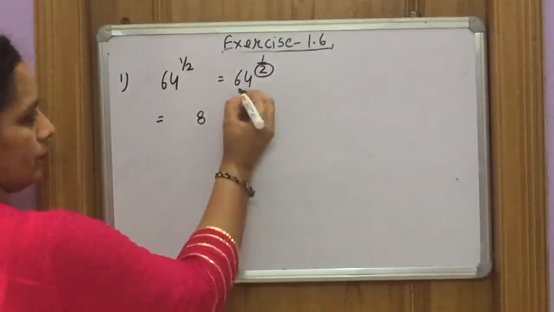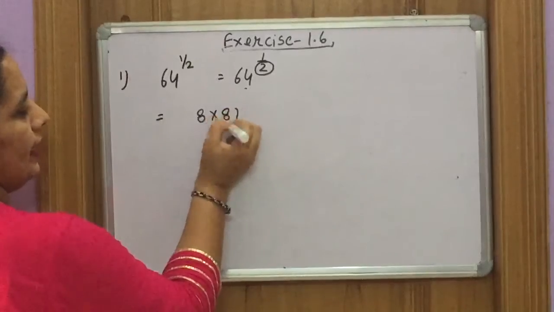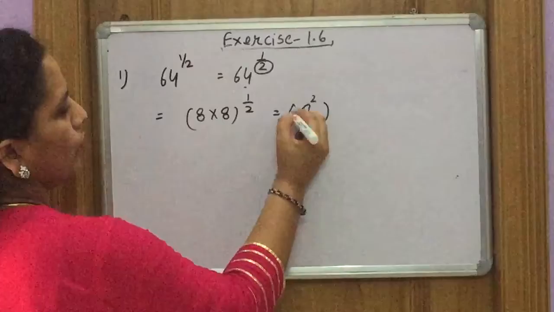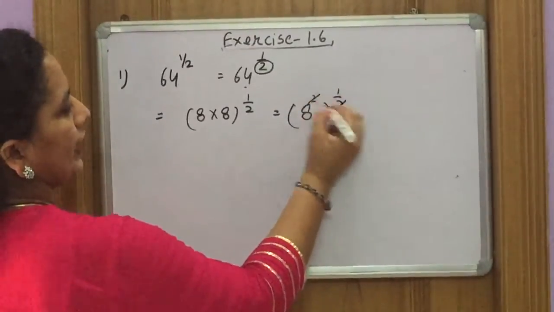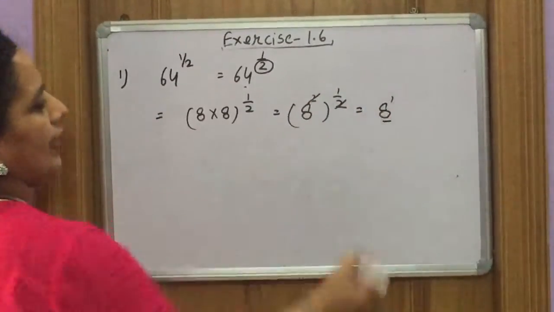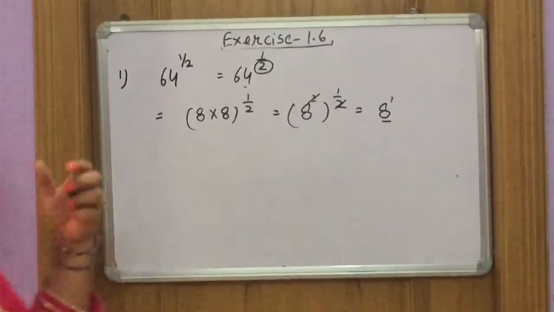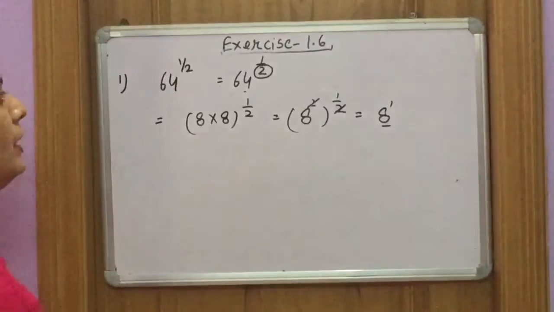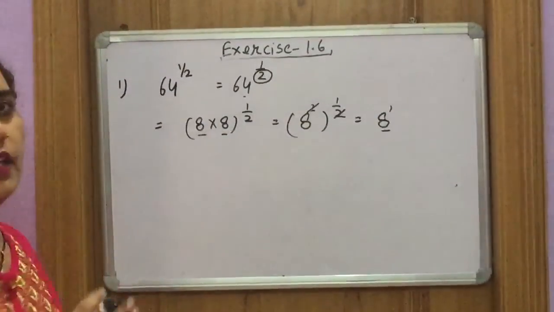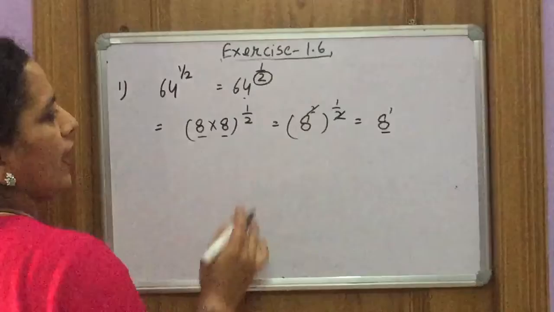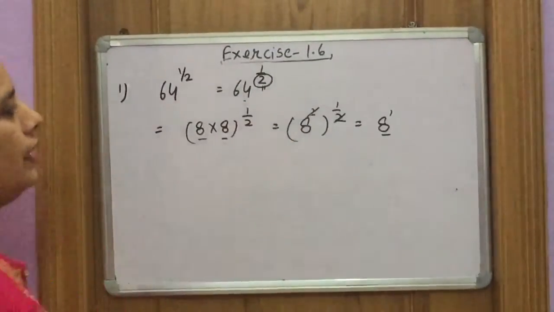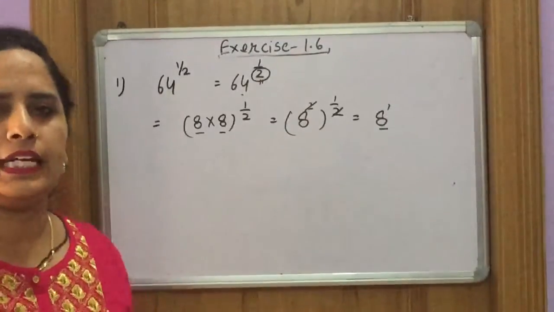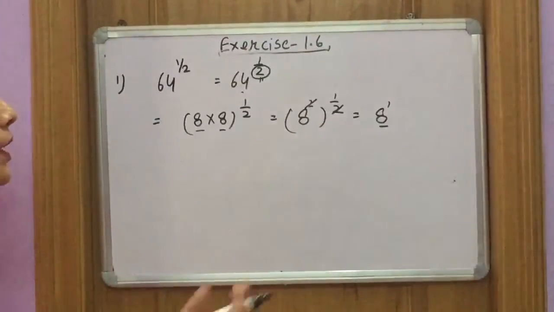That means we can write it like this. 8 raised to power 2 and 1 by 2 we can cancel out, and here we have the answer. We can also write 64 as 2 raised to power something, but we will use here 8 because we try to remove the power in the denominator. If in the denominator we have 2, find out a term that we can multiply 2 times, then we will get 64.